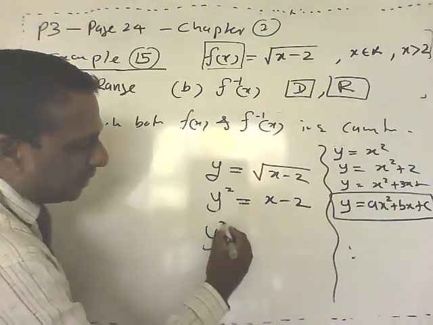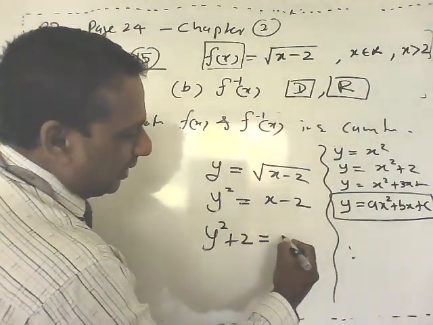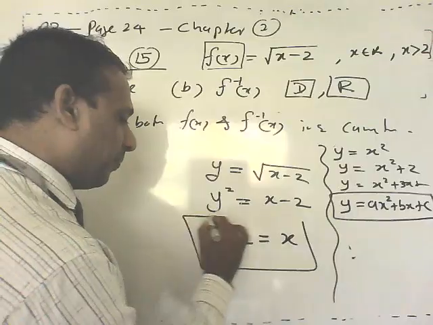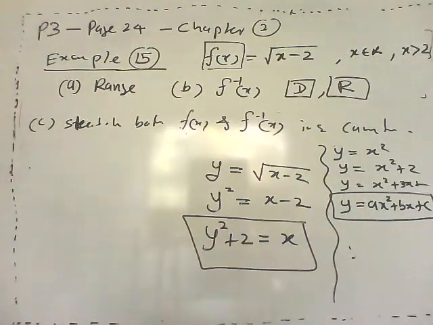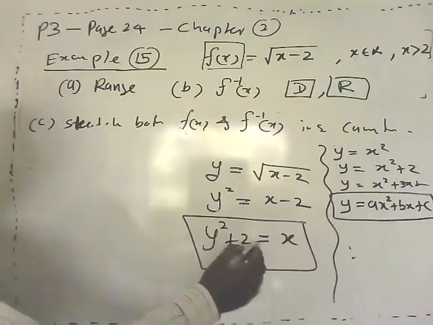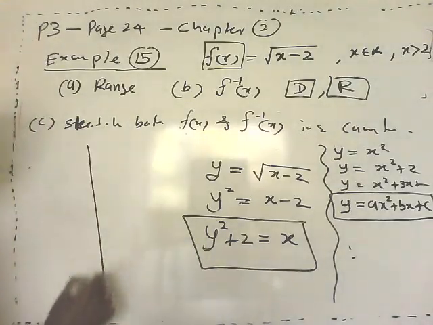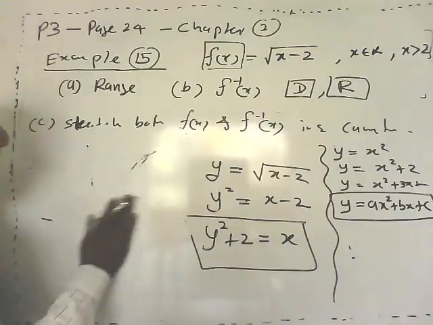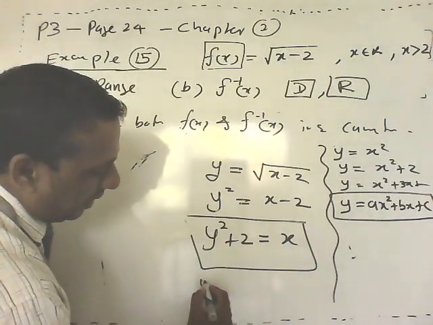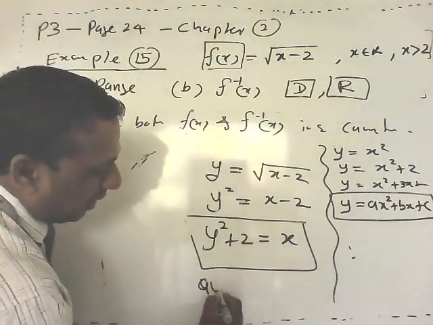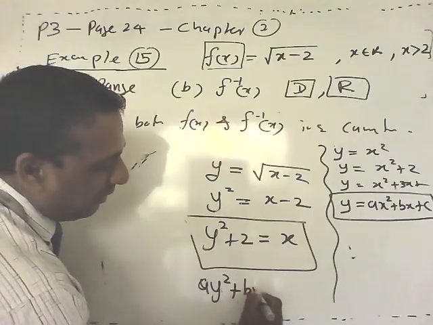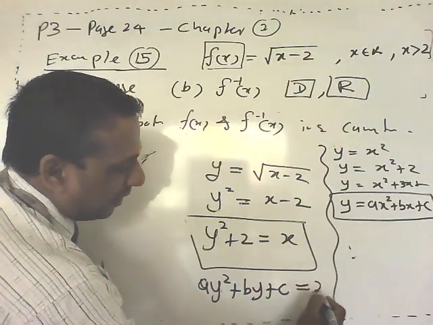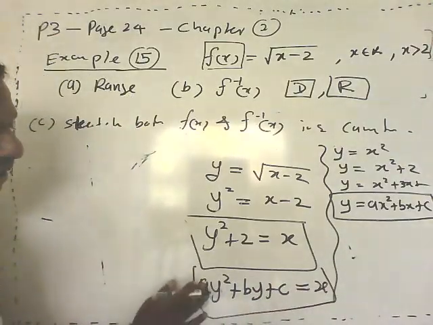So here y squared plus 2 is equal to x. Now we have swapped x and y, it is a quadratic. Now if you take ay squared plus by plus c equal to x, we consider the other way pattern.